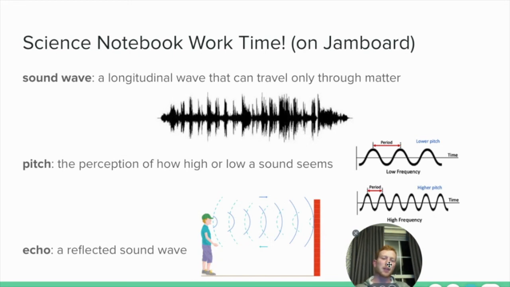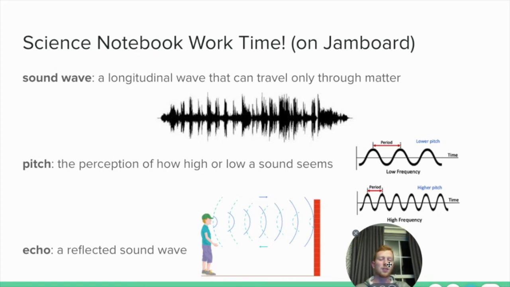Those sound waves bounce off of the wall and they come back at you. You can hear yourself say it more than once. I'm sure many of you have experienced this before. If not, a hallway would work well. If you were in the mountains and tried it, it would bounce off of the mountains. That would be an example of an echo.